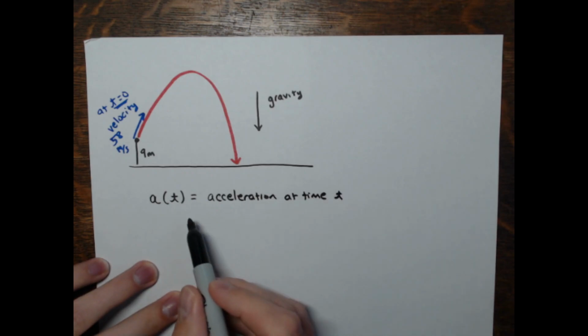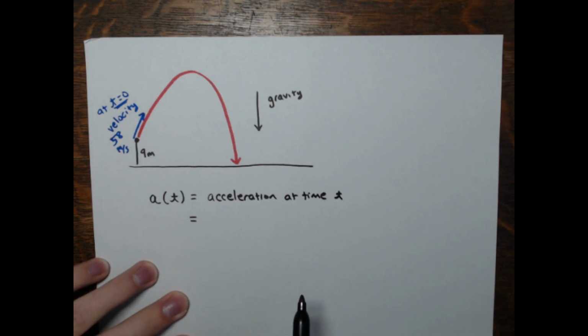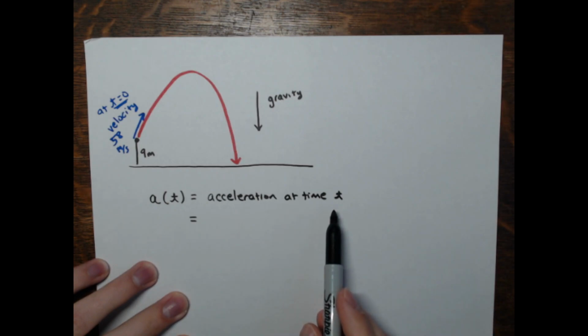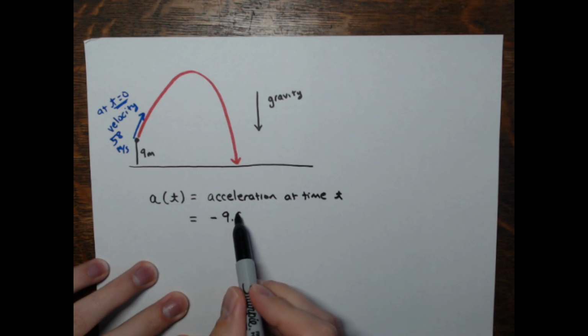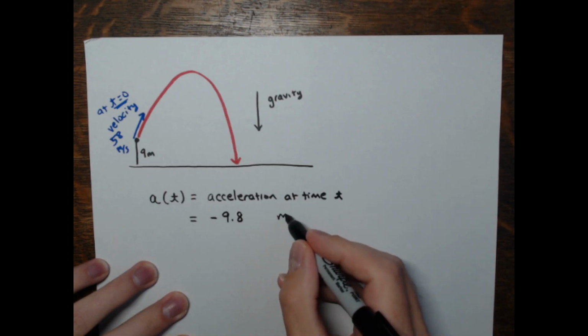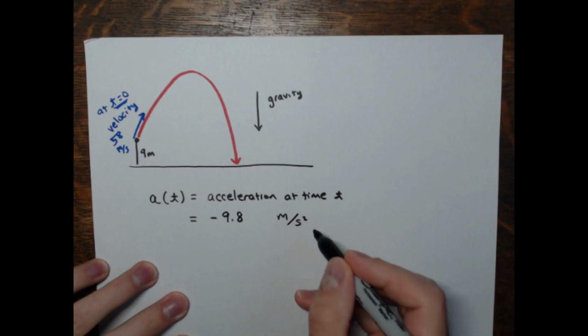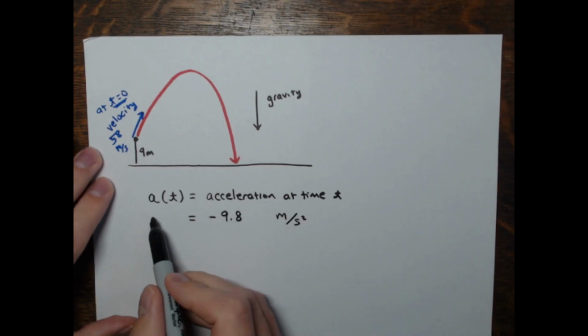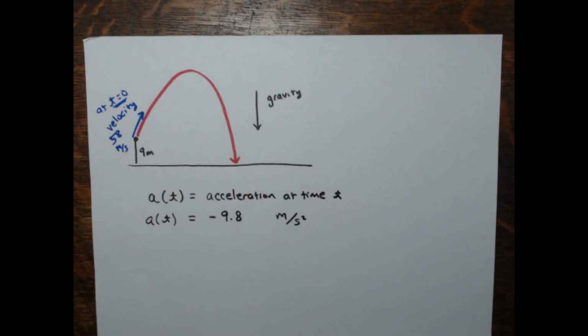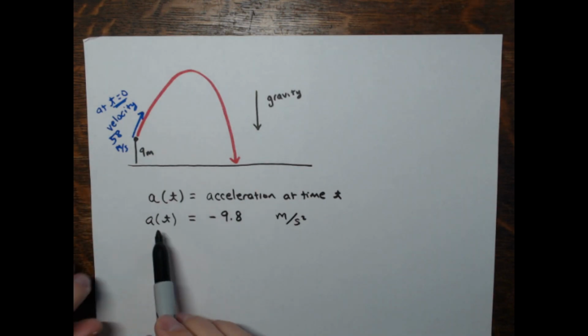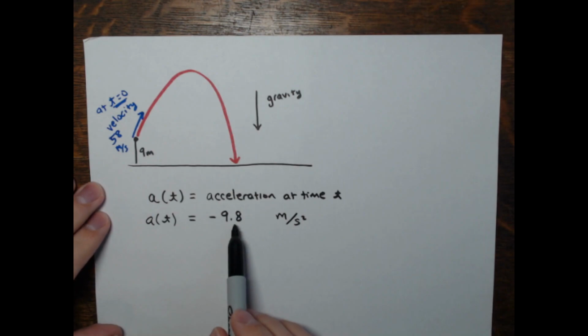And because the only force acting on this object is gravity, this is going to be that constant. The acceleration is negative 9.8 meters per second squared, meters per second per second. But A of t is always negative 9.8. So no matter what you plug in for t, you get negative 9.8. Okay.